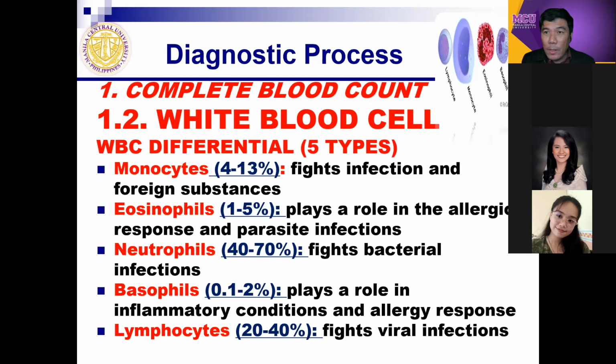So if you have evaluated na mataas yung neutrophils sa differential count, that is an indication of bacterial. Okay, ha? Check the WBC is elevated, tapos neutrophils is elevated. Pag pareho yung elevated, bacterial infection. Ngayon, if WBC is elevated, tapos lymphocytes is elevated also, the person is having viral infection.